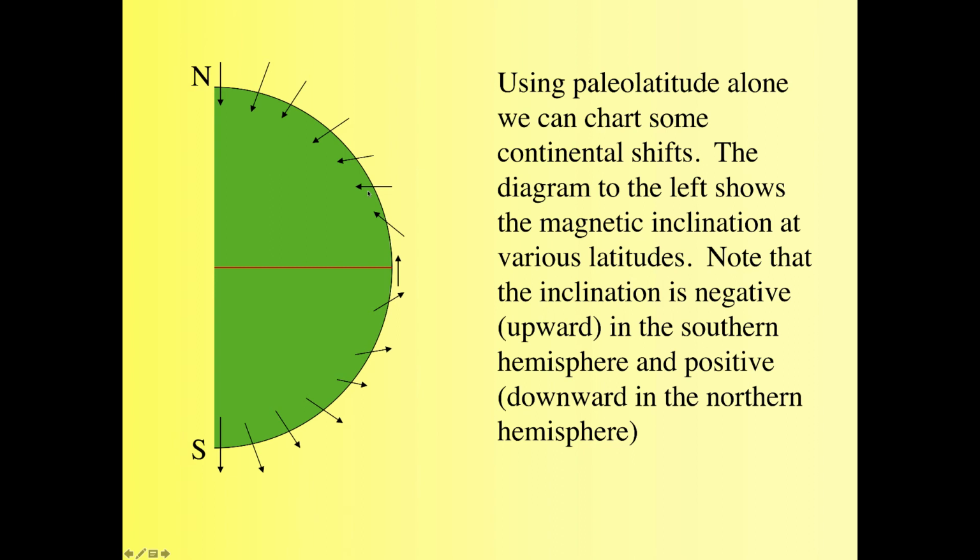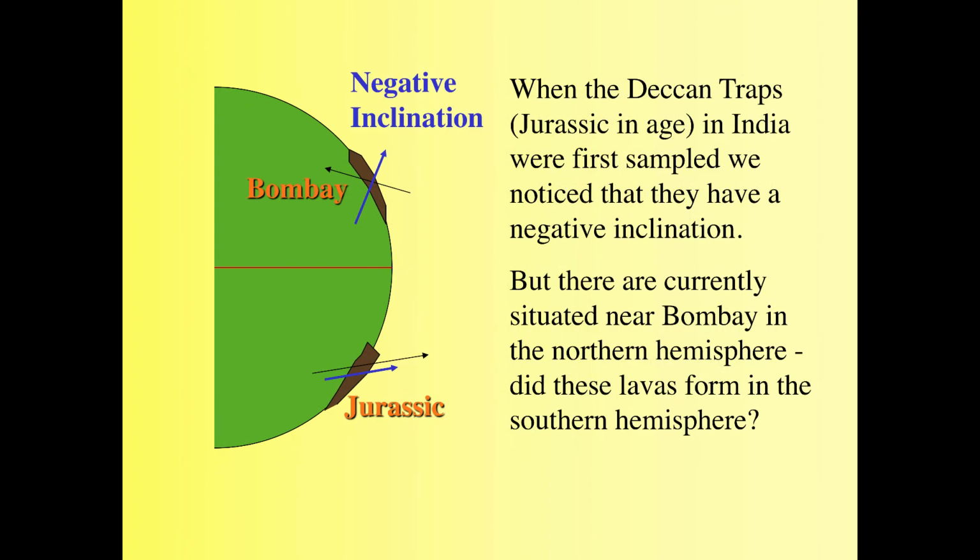We define these inclinations as being positive, and we define these inclinations as being negative. All right? So a negative inclination is a measurement that you would make of a magnetization that points up, away from the surface of the Earth, and a positive inclination points down into the Earth. And for the dipole field, positive in the northern hemisphere, negative in the southern hemisphere.